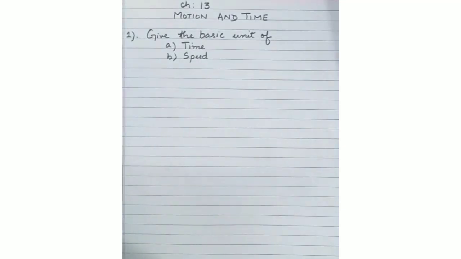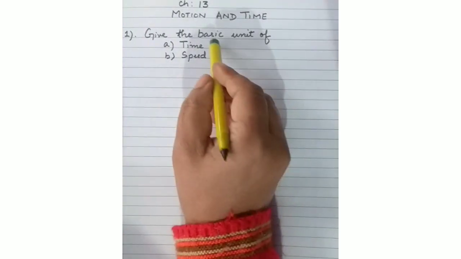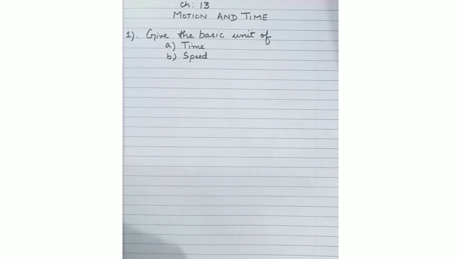So what is the basic unit of time and what is the basic unit of speed? What do you mean by the word basic? Basic means standard, which is used all over. Okay? So what is the standard or basic unit of time?